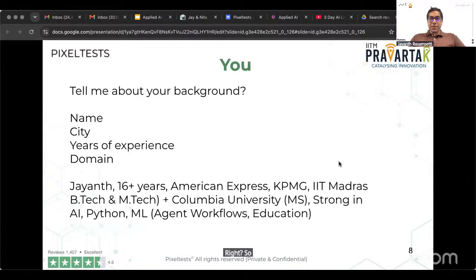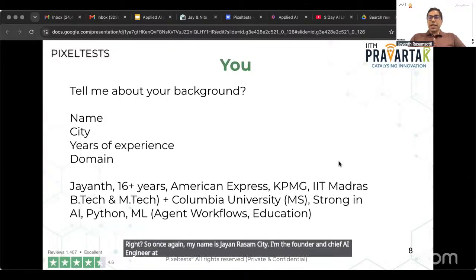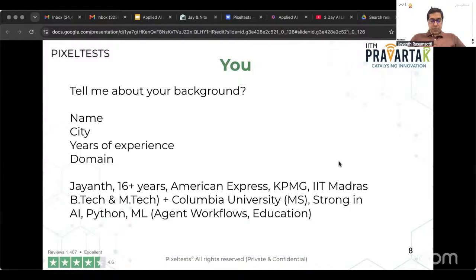So once again, my name is Jayant Rasamsetti. I'm the founder and chief AI engineer at pixletests. Born in a middle-class Telugu family, it was my parents' dream to get into IIT Madras.